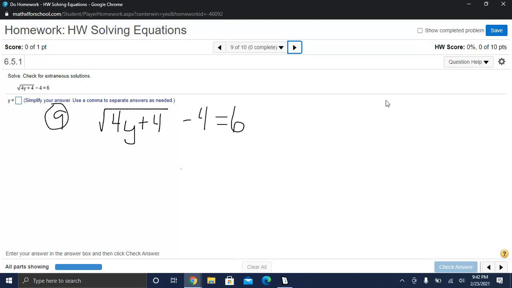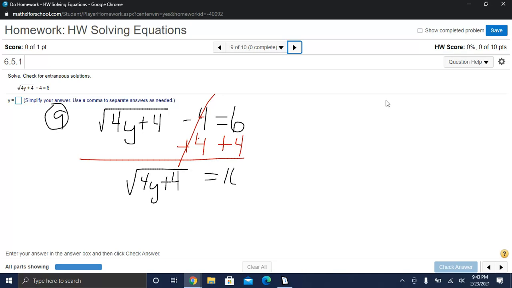So remember, we want to get the square root by itself. You'll need to do whatever is necessary to get rid of any numbers. So I'm going to need to add 4. That's going to give me the square root of 4y plus 4 equaling 10.